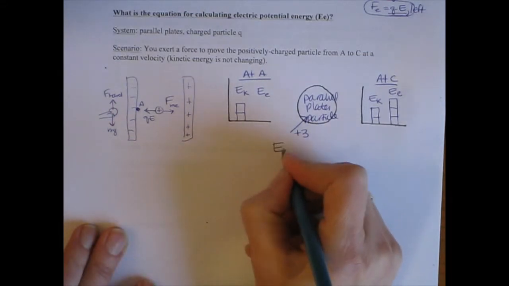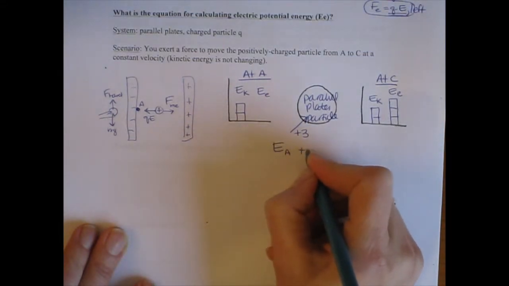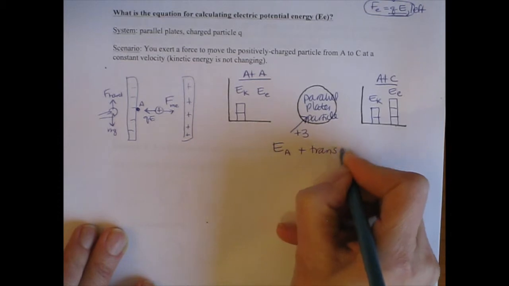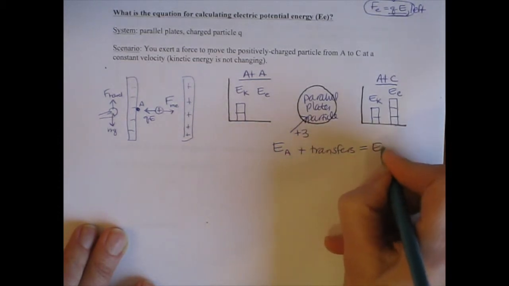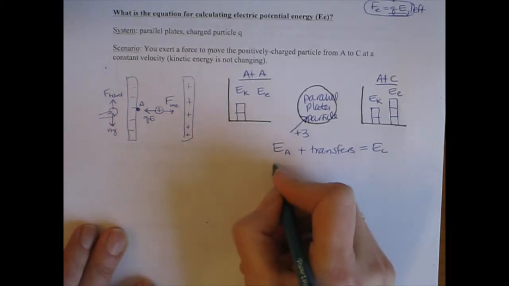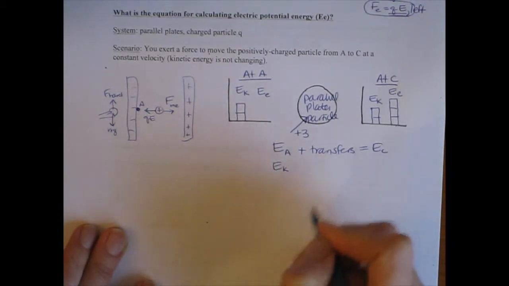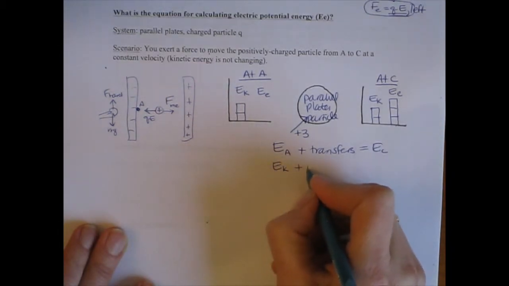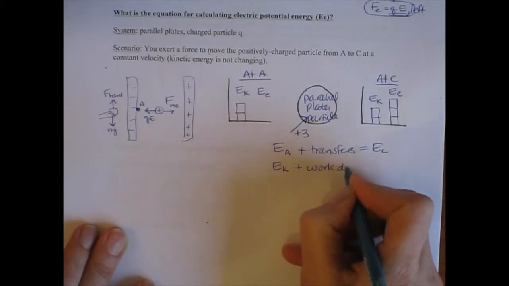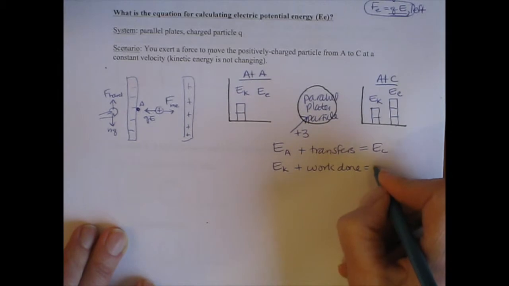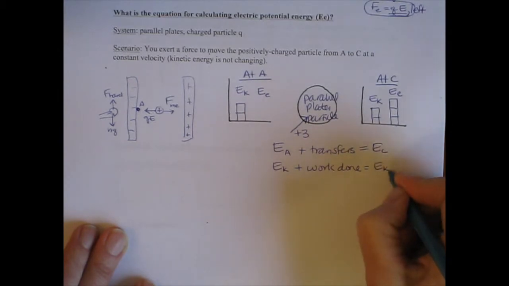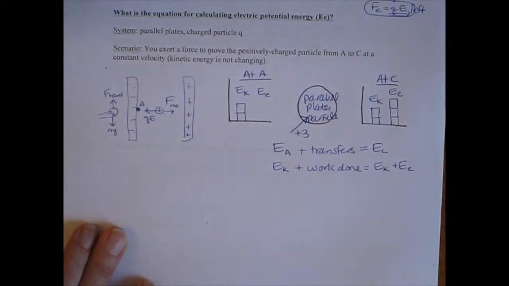So let's write our energy conservation equation. The energy at A plus the transfers, which in this case put energy in, equals the energy at C. And at A we had some amount of kinetic energy, and then we had work that was done. And then that equaled the same amount of kinetic energy as before, plus this electric potential energy.